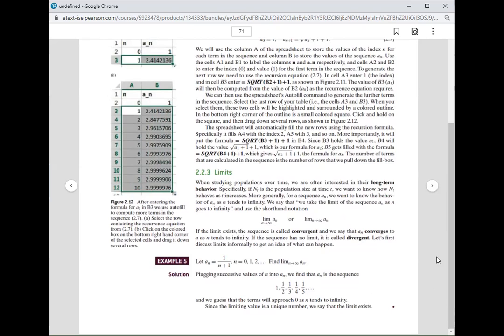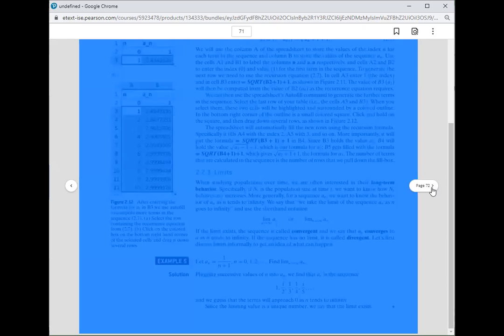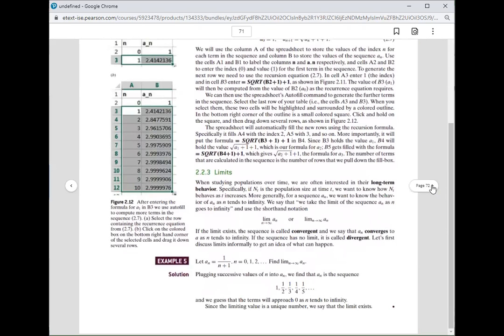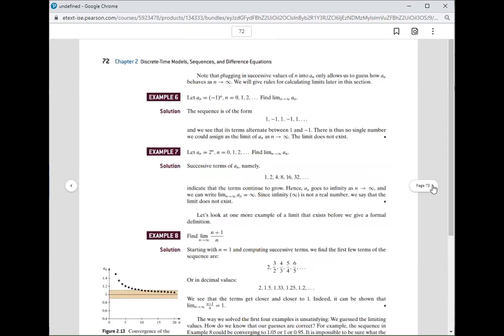Okay, so you can see, so this is another example. So you can see that the limit doesn't exist. This one also, the limit doesn't exist because the limit of the n for n going to infinity goes to infinity.